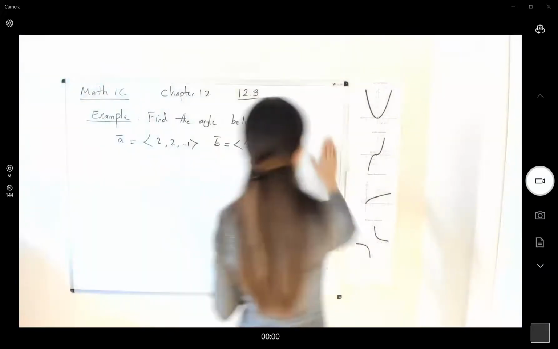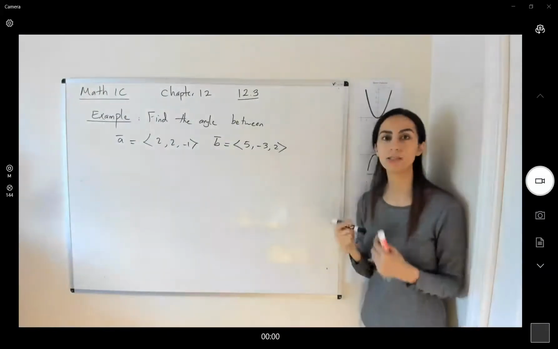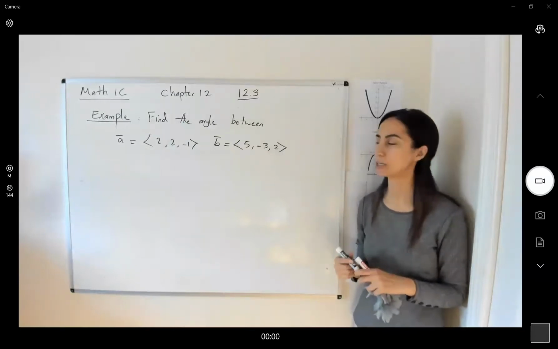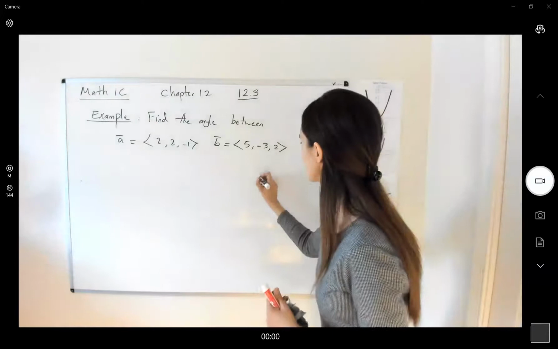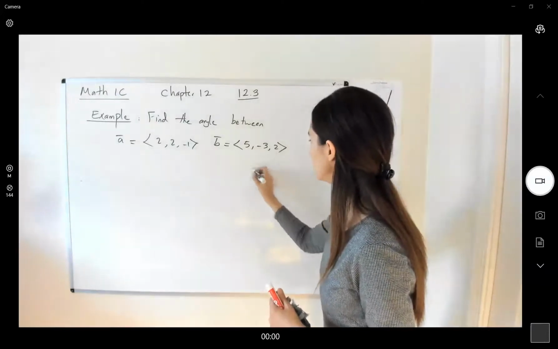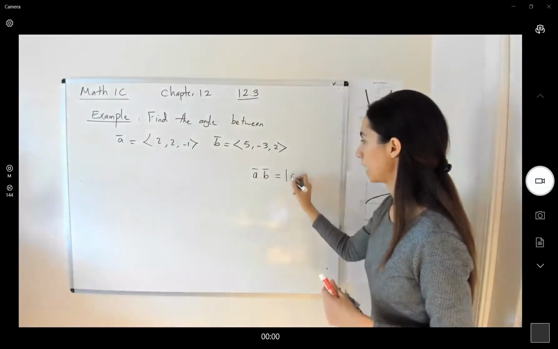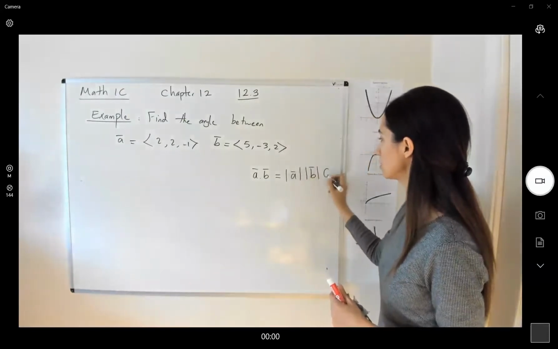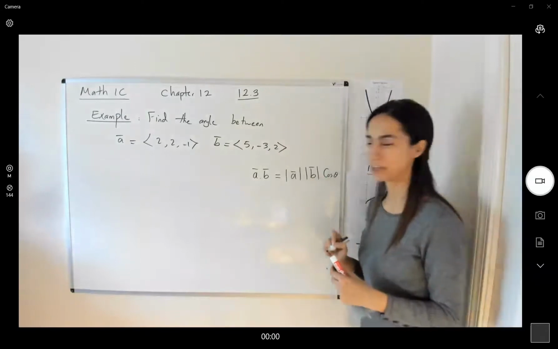We just learned about the dot product formula, including theta, the angle between two vectors. You know that A dot B can be written as the magnitude of the first vector times the magnitude of the second vector times cosine theta.